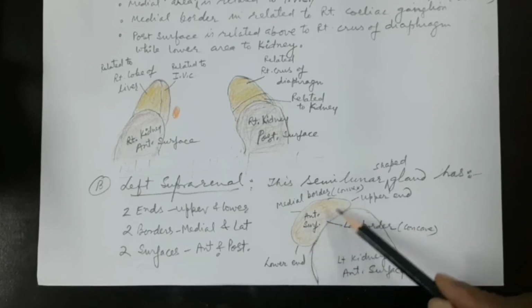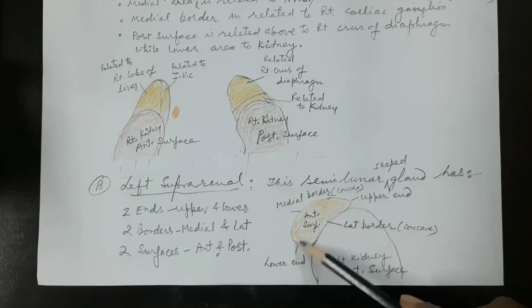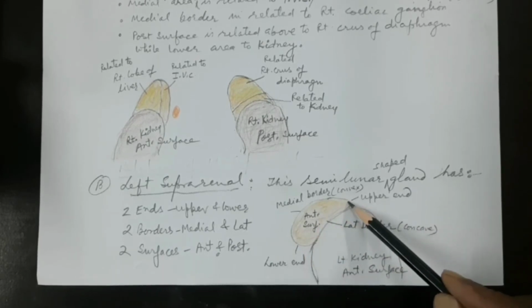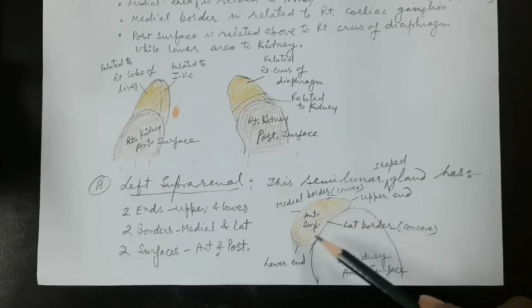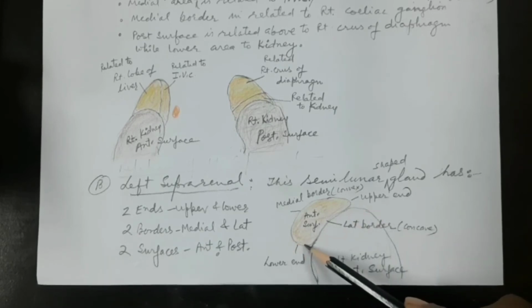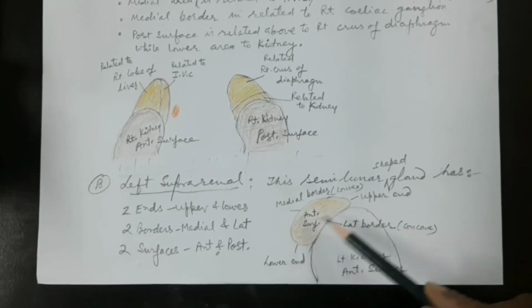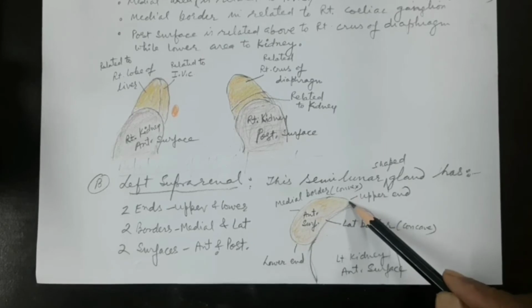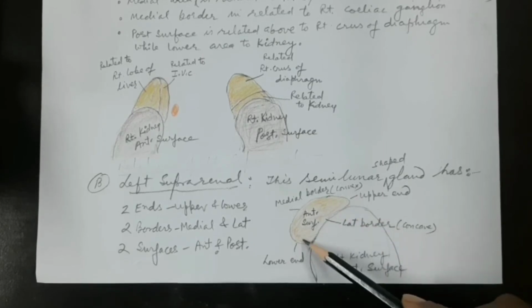As we are seeing it from the anterior surface, this is the upper end, which has the apex, a narrow end, and the broad end is the lower end here.